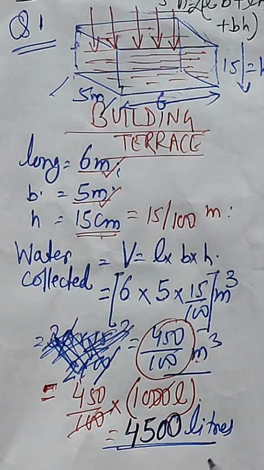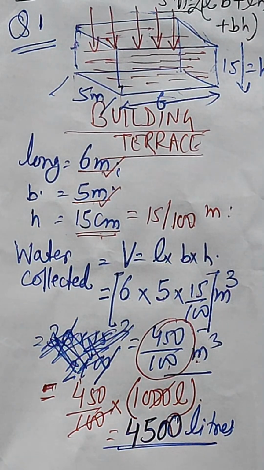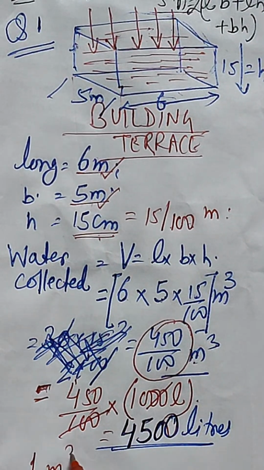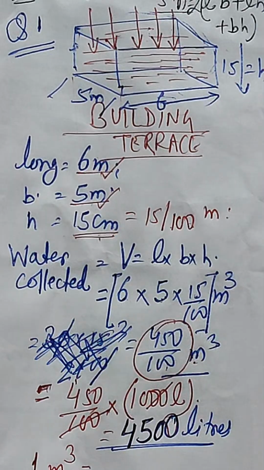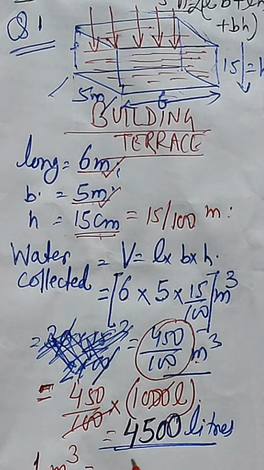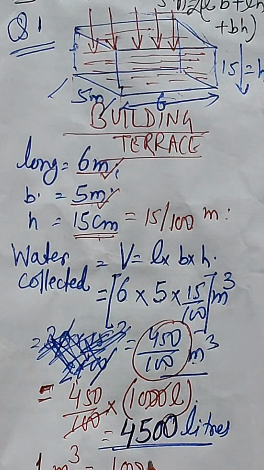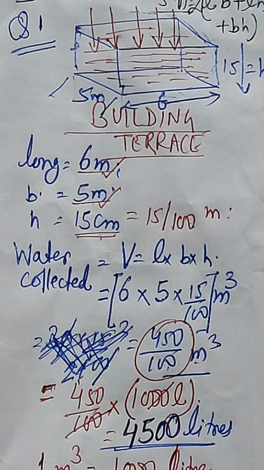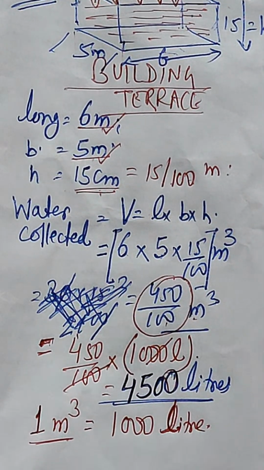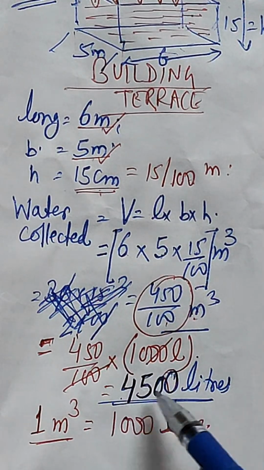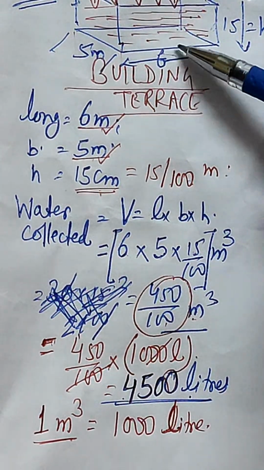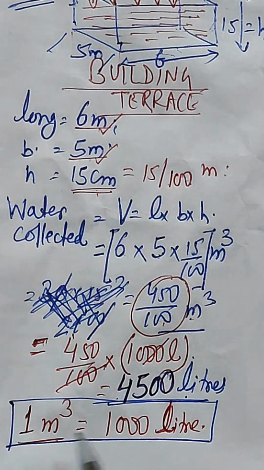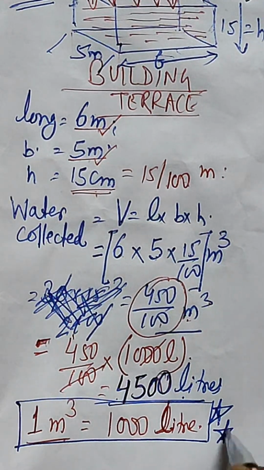So just remember one key formula, that 1 meter cube of volume is equal to 1000 liter, right? So this relation you need to remember, then only you would be able to calculate the liters of water content into the terrace, right? So just remember it, 1 meter cube equal to 1000 liter. This is an important formula.